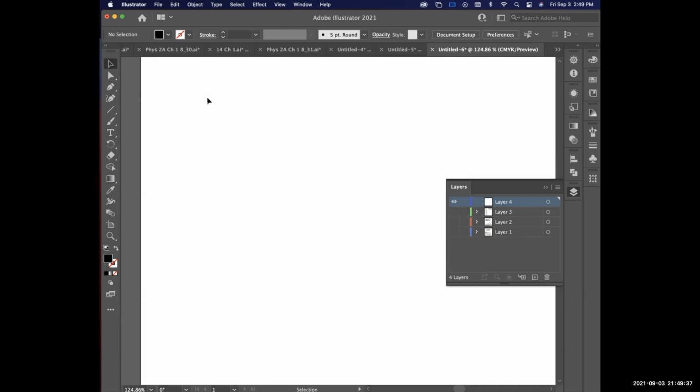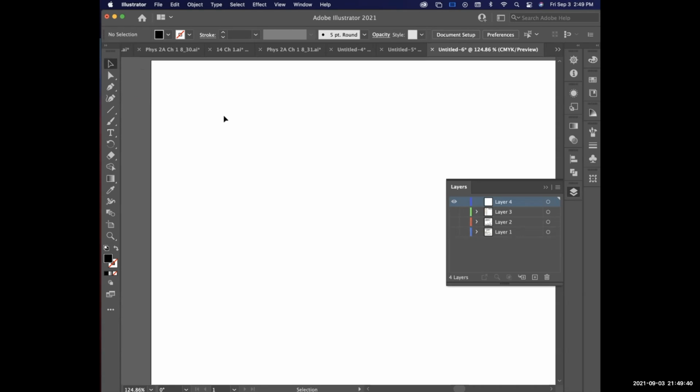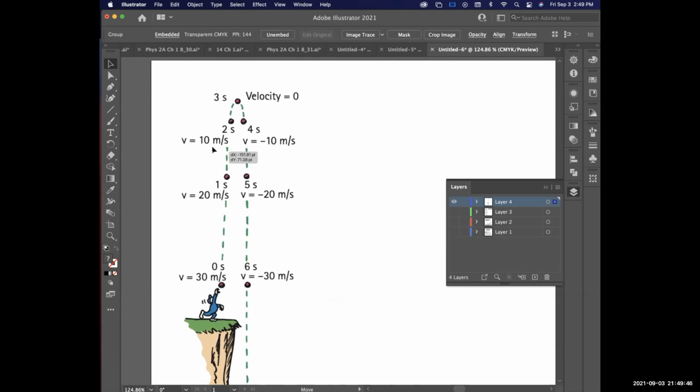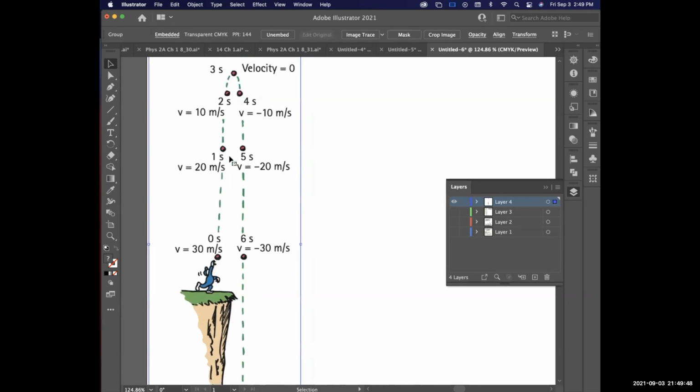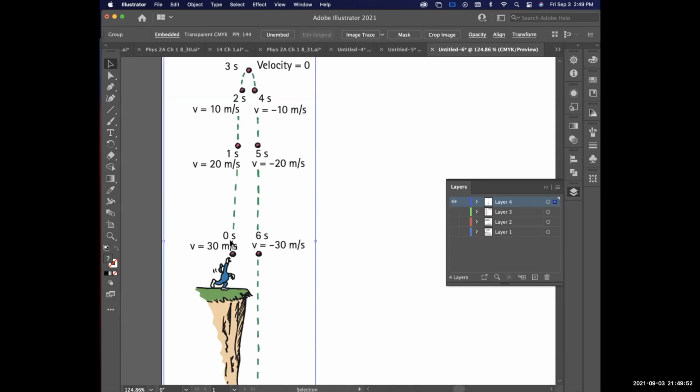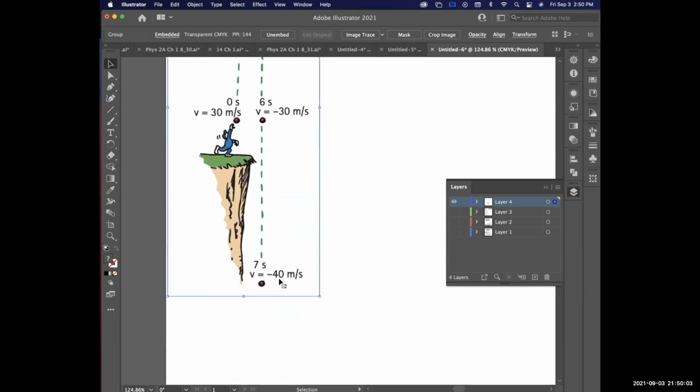Let's say you threw it straight up at 30 meters per second. After 1 second, it'll now be at 20, then 10, then 0. Then negative 10, negative 20, negative 30, and then negative 40. The next one would be negative 50, and so on, after 8 seconds.